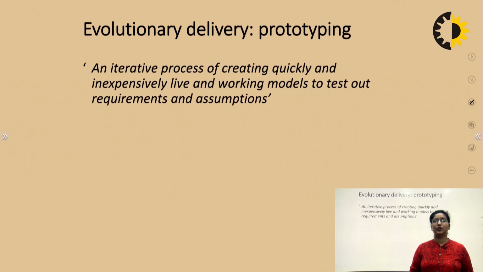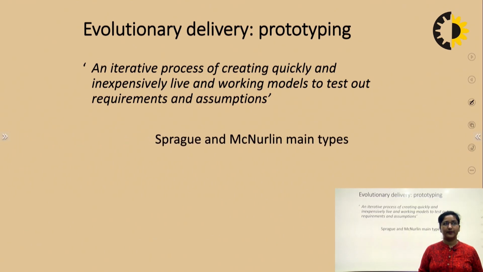Next is evolutionary delivery, or we can say prototyping as well. It is an iterative process of creating quickly and inexpensively live and working models to test out the requirements and assumptions. For this, evolutionary delivery is required. We have Sprague and Menkler's types for this.